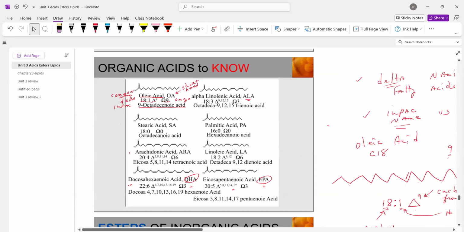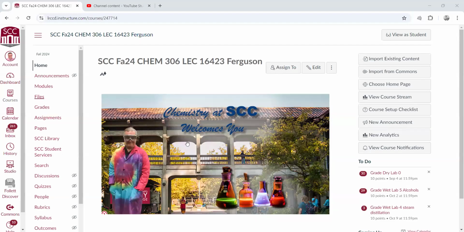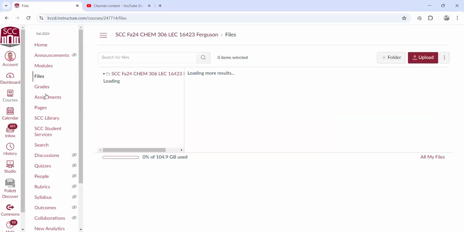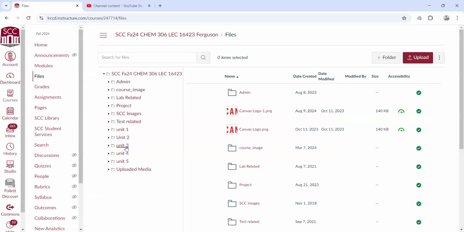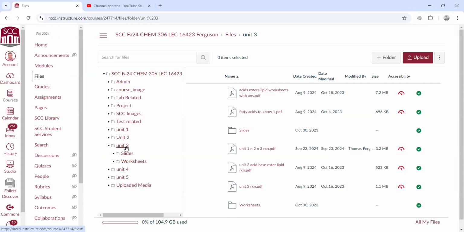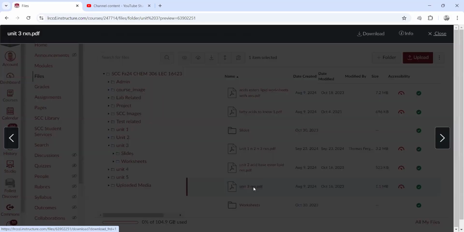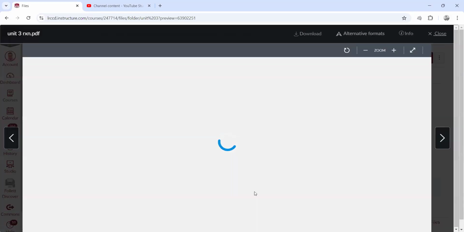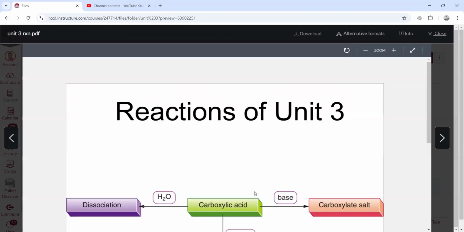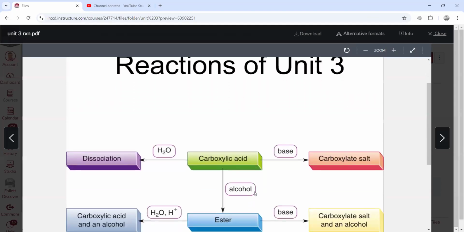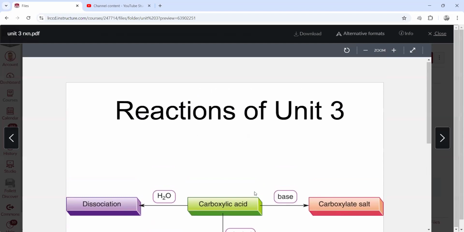Okay, so these are the reactions of Unit 3.